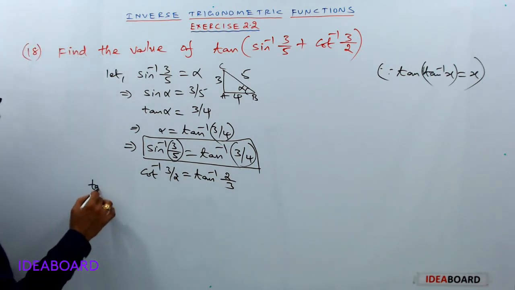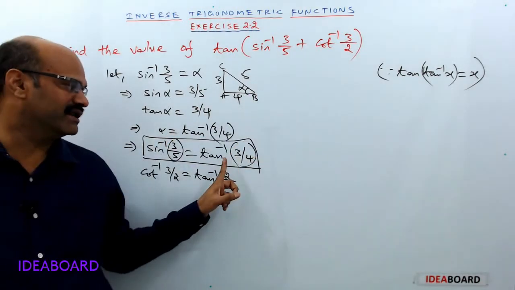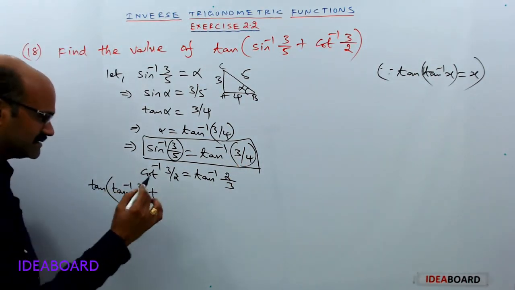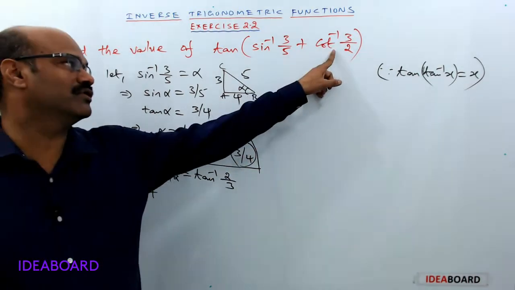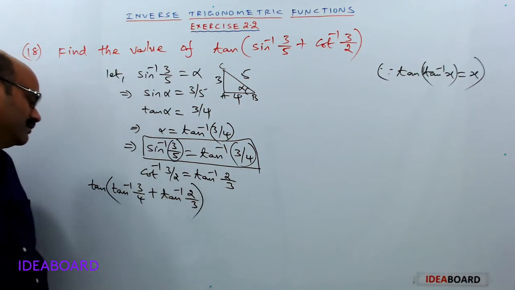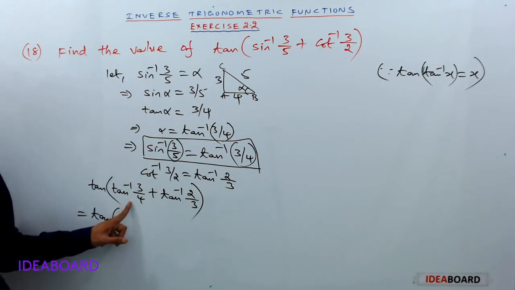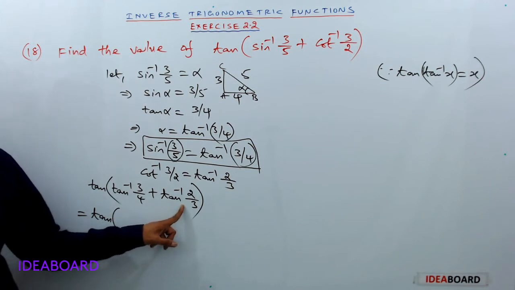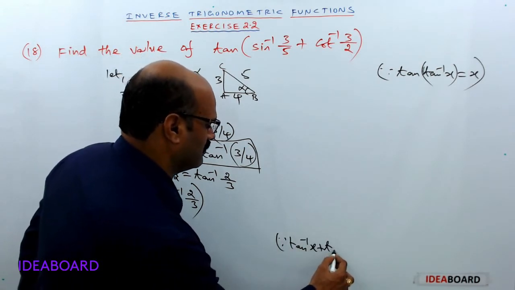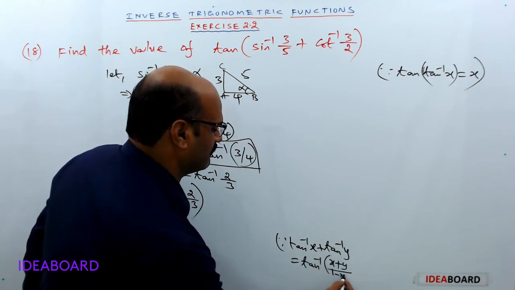Then we have tan of sin inverse of 3 by 5, equal to tan inverse of 3 by 4, plus cot inverse of 3 by 2, equal to tan inverse of 2 by 3, equal to tan of tan inverse x plus tan inverse y, equal to the formula tan inverse of x plus y by one minus xy.